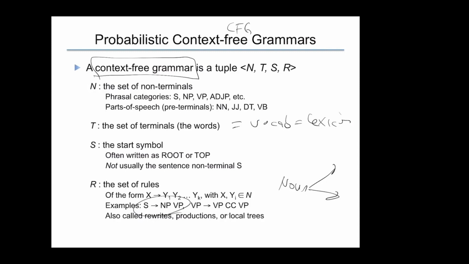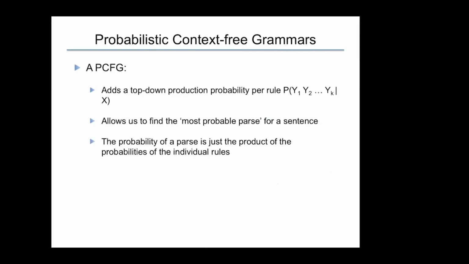Then other things are all good, but we just have to add one more thing, which is the probability of each rule in the R. So that's exactly what it means.